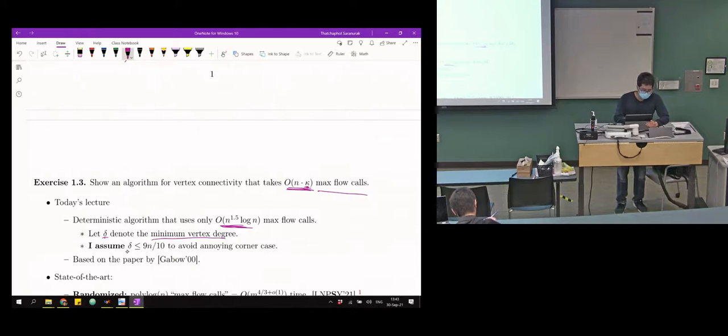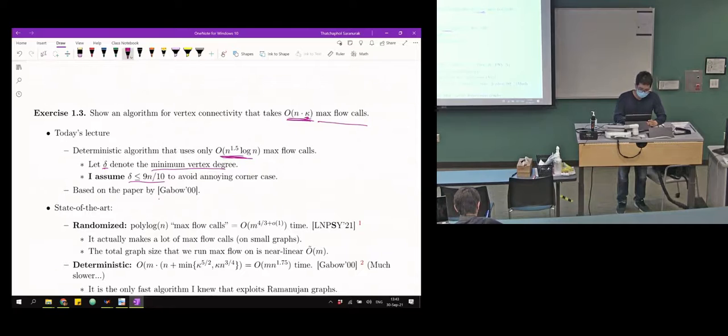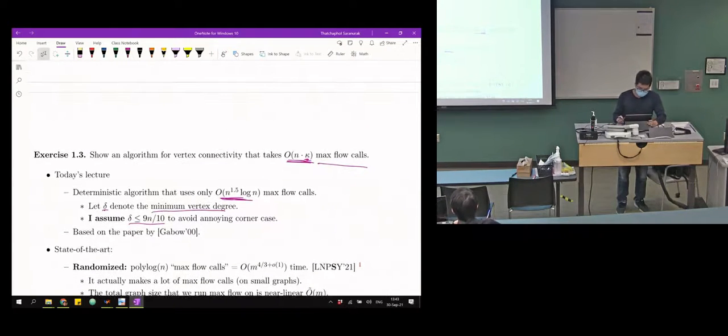I will assume that there is at least one node with degree strictly smaller than, say, 0.9n. If this is not the case, there is some way to handle it and get something better than n square max flows, but just for today's class, I assume this. This is based on the paper by Gabow.